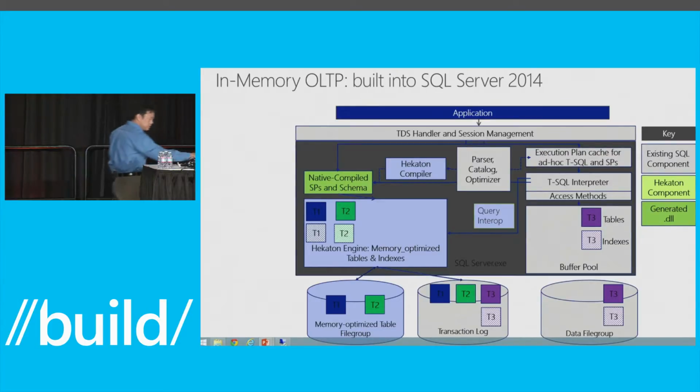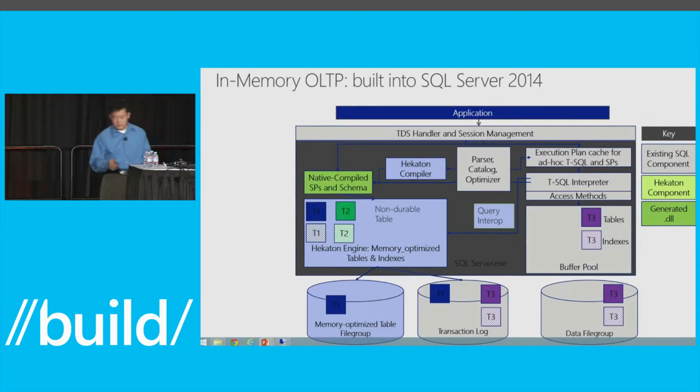And a small sidebar note is you can declare the table as non-durable. If you don't do that, by default, everything is durable, so you incur the checkpoint and logging overhead. But if you declare the table as non-durable, we will not have any I/O for those table operations. And of course, if you pull the plug, the table recovers empty, right?